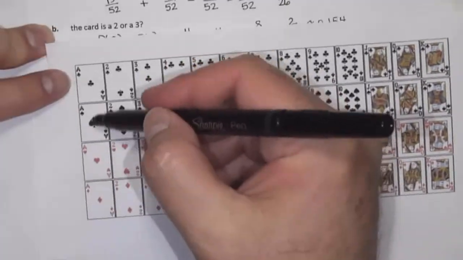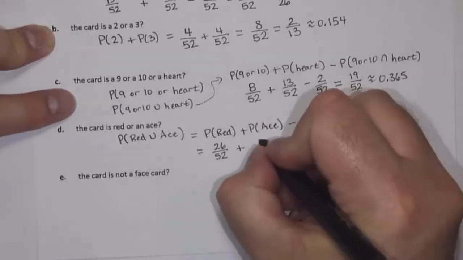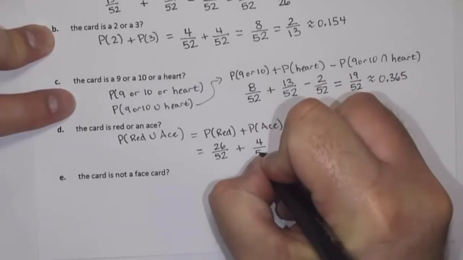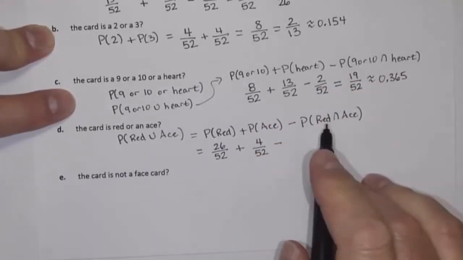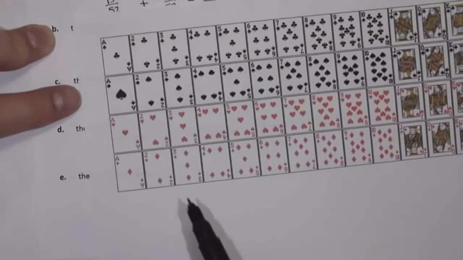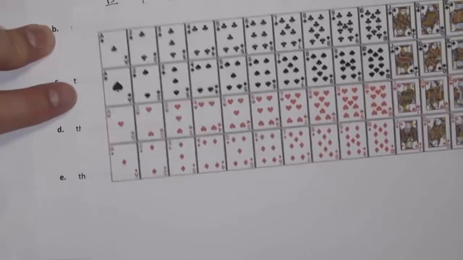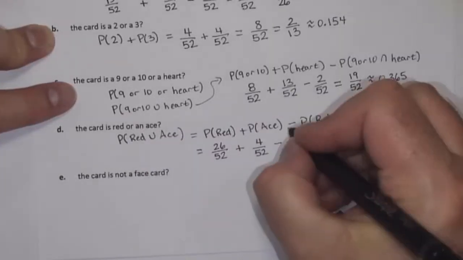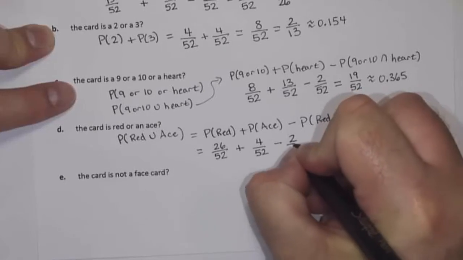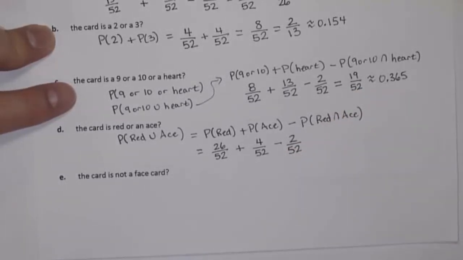Well, there are 4 aces. So the probability of being an ace is 4 out of 52 minus the probability of being red and an ace. How many red aces are there? Well, there's 2, the ace of hearts and the ace of diamonds. So the probability of being red and an ace is 2 out of 52.